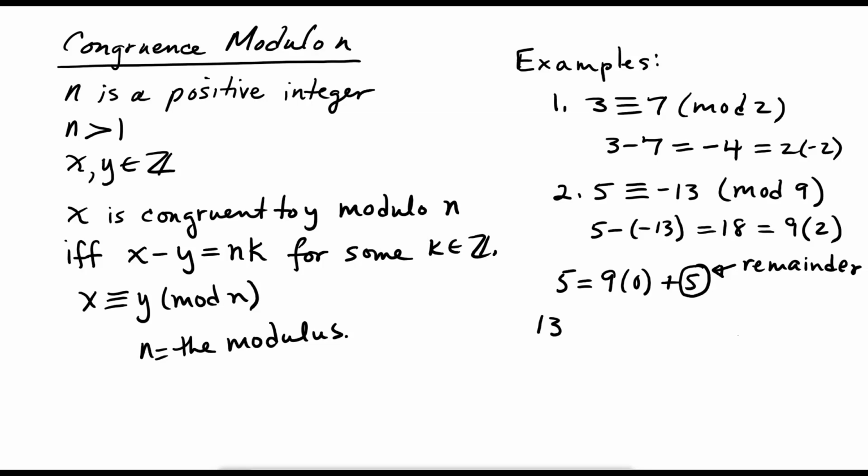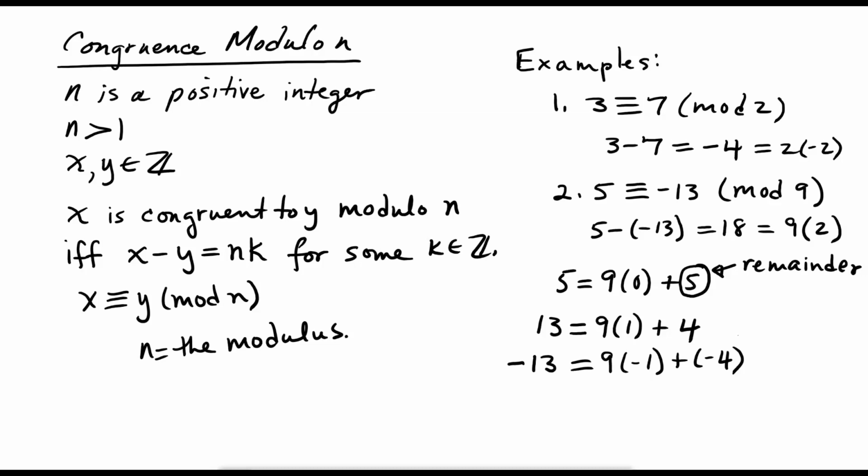Let's remember when we did it in class before. 13 is equal to 9 times 1 plus 4. But we want a -13. Right? So if we multiply both sides by -1, we get this.